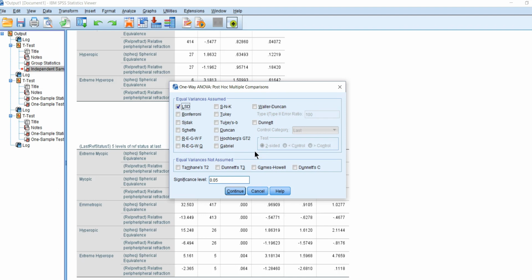Our principle, at least my suggestion, is a protected least squares difference. That is, we will only consider post hoc tests if the overall probability, the overall F statistic, was significant.